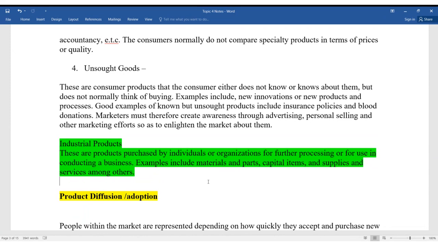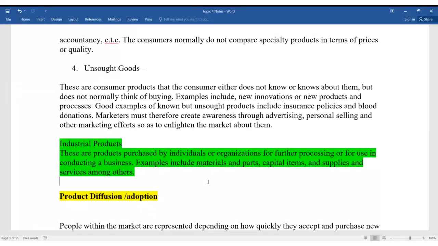Instead of employing cleaners, it's more expensive to employ cleaners than to hire a cleaning firm to do all your cleaning. Security services. These are services that can be procured or purchased from out there, can be outsourced. It's known as outsourcing. You can outsource even accounting services, auditing services.